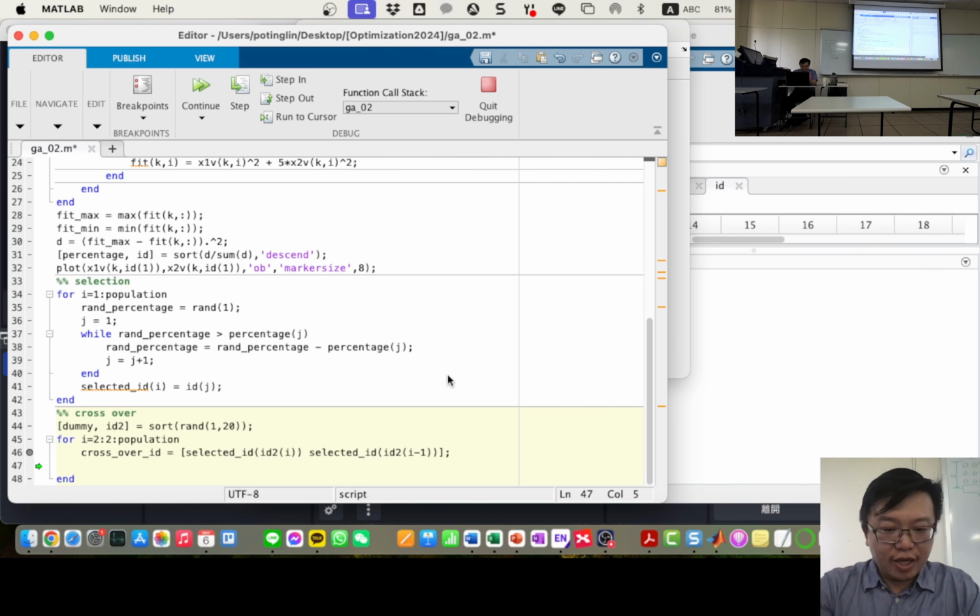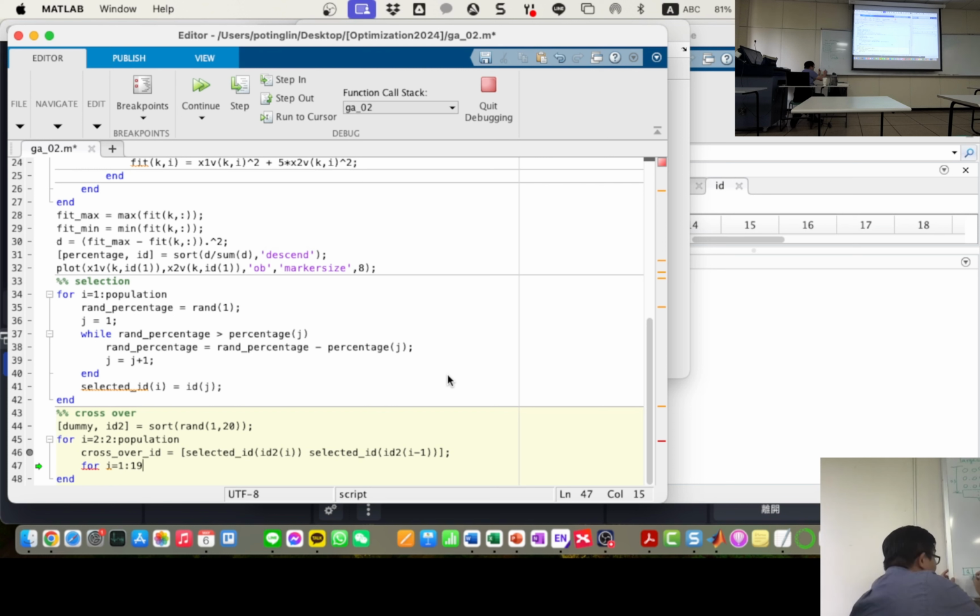So you will be performing maybe a for loop, 1 to the 20. 20 is the number of our chromosome. Maybe just 19, because it doesn't make sense if you, let's say this is a chromosome. This is the first digit.